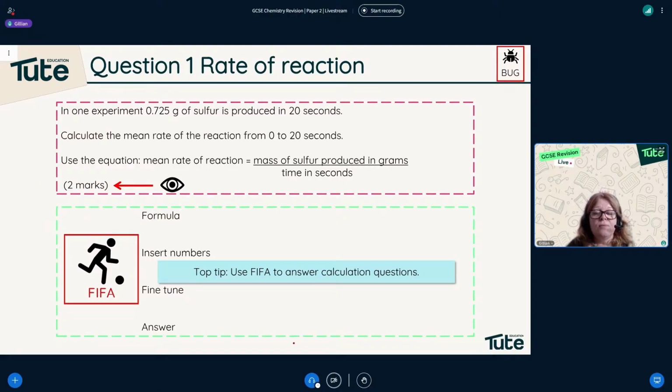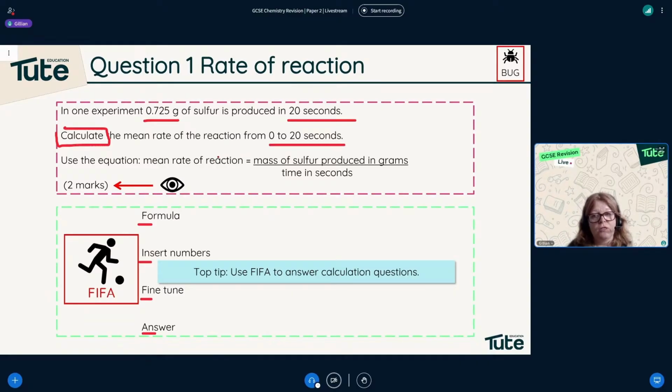So my top tip for this question is use FIFA to answer these calculation questions: formula, insert numbers, fine tune, and then answer. So in one experiment, 0.725 grams of sulfur is produced in 20 seconds. We need to calculate the mean rate of reaction from 0 to 20 seconds.